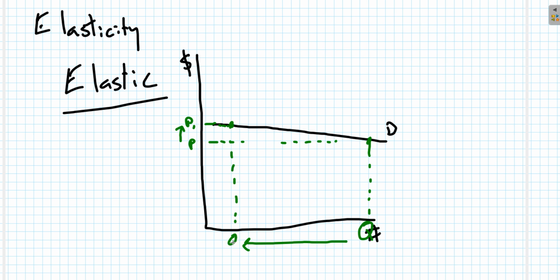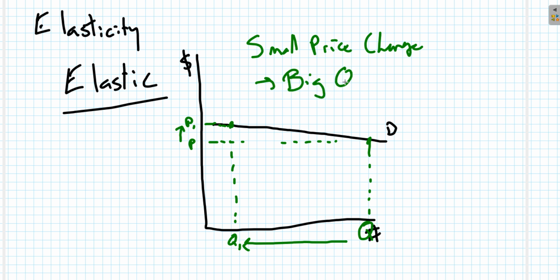So we have this new quantity over here. So this is a small price change that leads to a big quantity change. And we'll talk in just a minute about what causes that quantity change. Okay, so that's elastic demand.